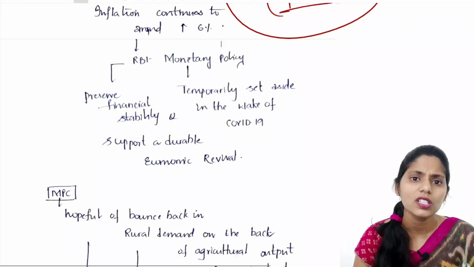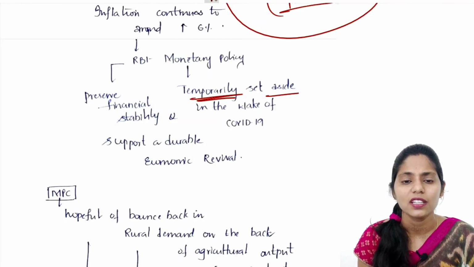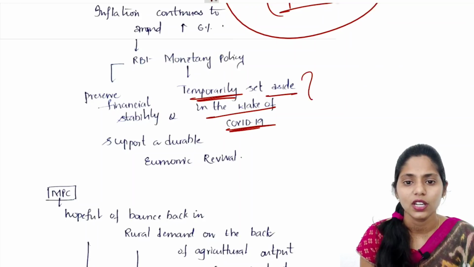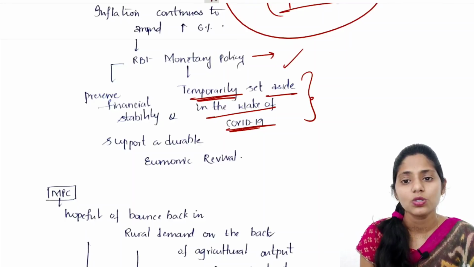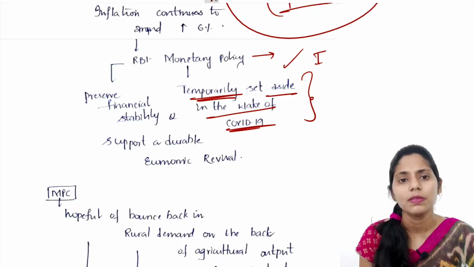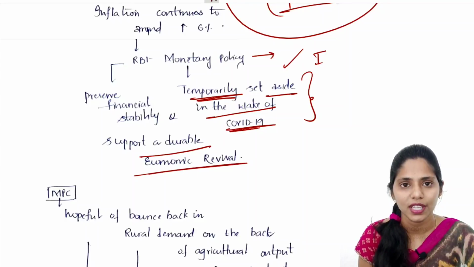So RBI's monetary policy has been temporarily set aside in the wake of COVID-19. This RBI monetary policy has temporarily kept the focus on inflation aside, and it is focusing on preserving financial stability in the market and supporting a durable economic revival.